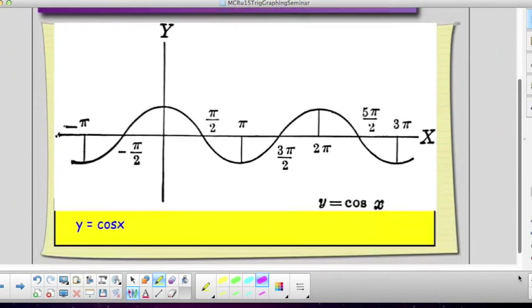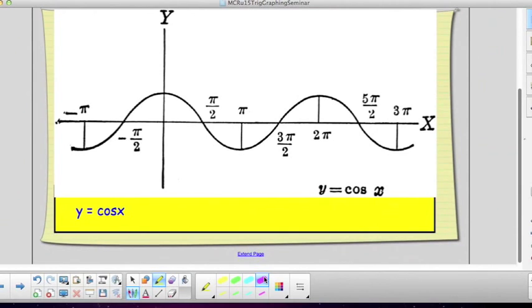So instead of starting at my axis of symmetry, I start at my maximum, go to my axis of symmetry, go to my minimum, back to my axis of symmetry, and finally at my maximum again. So my key points for my cosine curve: we start at (0, 1). The second point is going to be (pi over 2, 0).